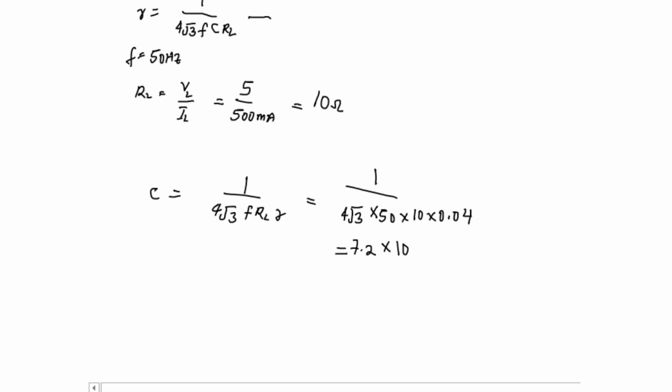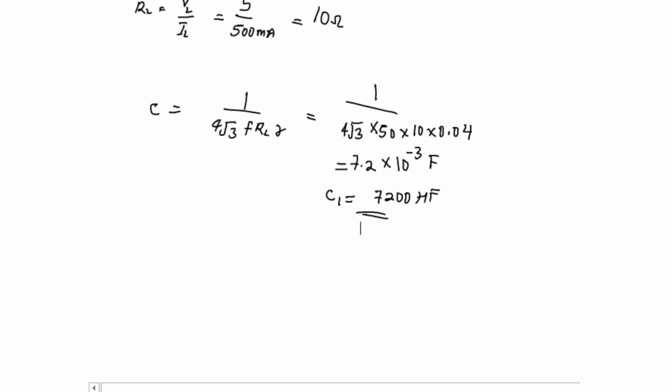That is 7.2 times 10 to the power of minus 3 farad, which is 7,200 microfarad. So C1, that is the filter capacitor, is 7,200 microfarad.